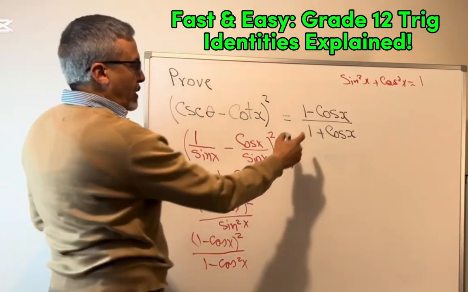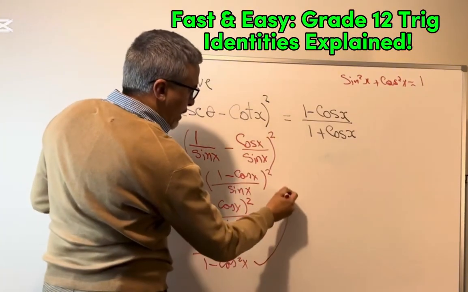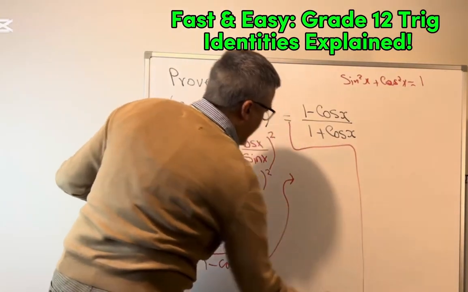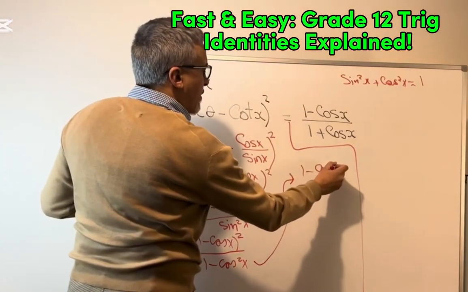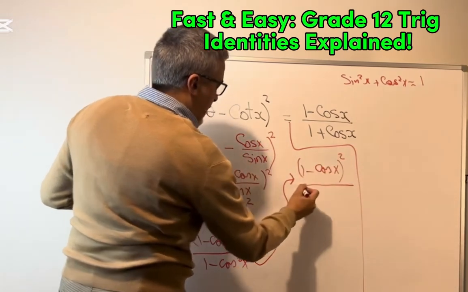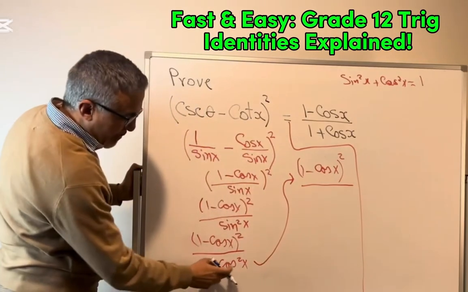Of course, we're trying to prove that it equals that. We don't have a lot of room, so I'm just going to take it here. So now we have 1 minus cos x squared, and this 1 minus cos squared x is the difference of 2 squares.